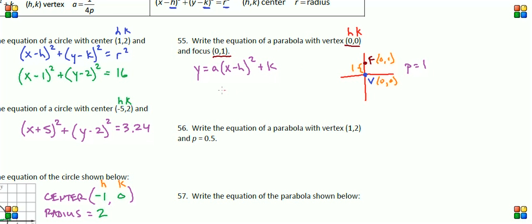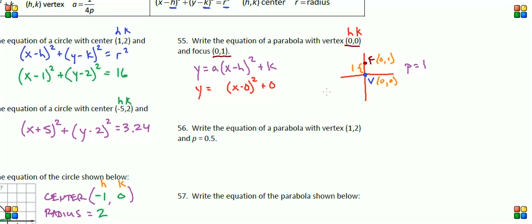So we can fill those in. y equals a times (x minus 0) squared plus 0. Let's fix this h so we can tell it's not a 6. You guys put up with my messy writing here. That is a 0. So all we're left with is figuring out what the value of a is.